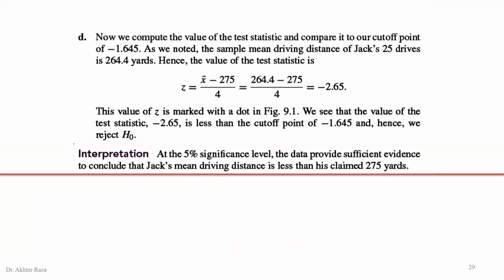It means the alternate hypothesis is assumed to be true and the null hypothesis is assumed to be false. This is the complete procedure of implementing a hypothesis test by using the critical region approach.